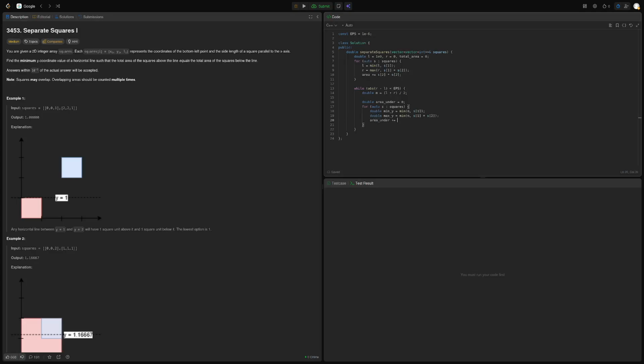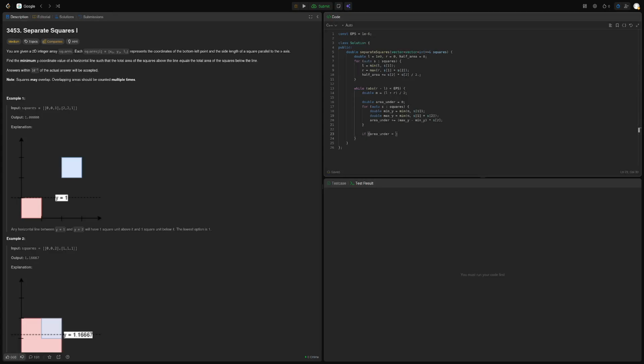So area under plus equals max y minus min y times S2, which is L, and then if total, so we start with this, we want area under is smaller than half area. Half area is this, so divided by 2.